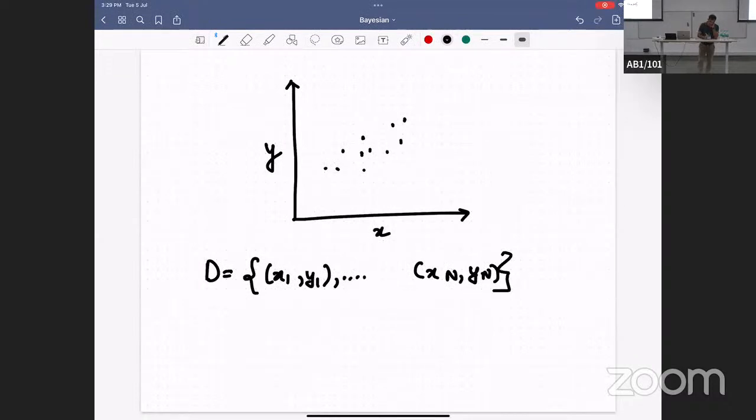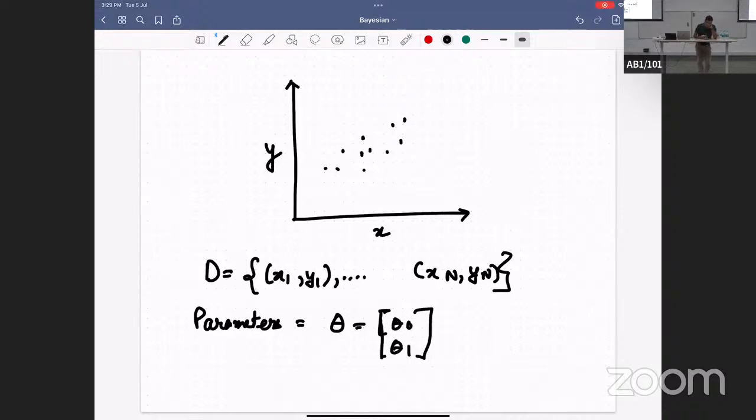Your parameters are theta, theta naught, theta 1, right? Now let's see what happens if we were to pick some kinds of parameters.